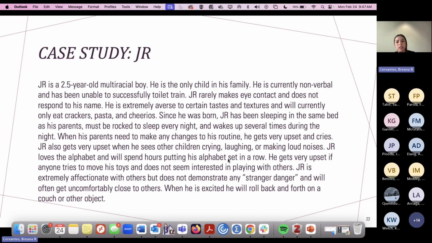This one I think is interesting too. I think a lot of times people think of children with autism as being not affectionate at all, and this is an example of that's not true. We could see extremely affectionate with others, but then doesn't demonstrate any stranger danger, which is also problematic, right?